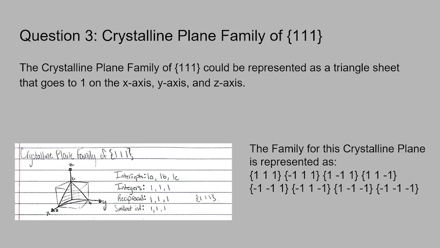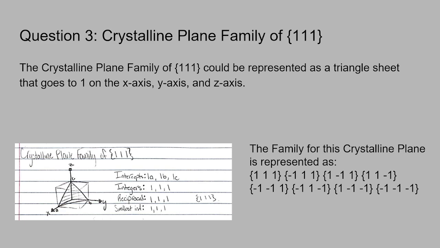Here we have the crystalline plane family of 111. It could be represented as a triangle sheet that goes to 1 on the x-axis, y-axis, and the z-axis. When drawing the family for this, you can get your intercepts at 1a, 1b, and 1c. From that, you can get the integers 1, 1, 1.